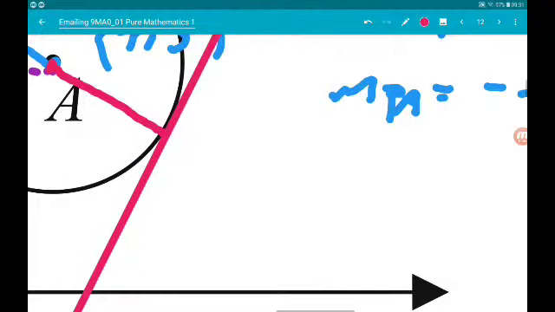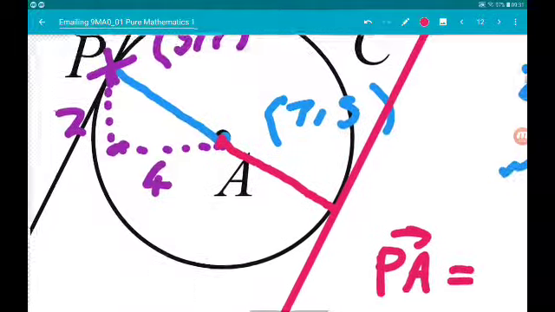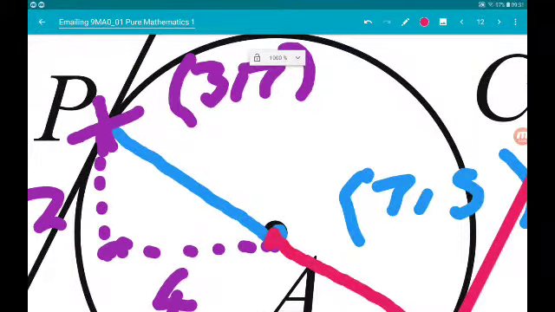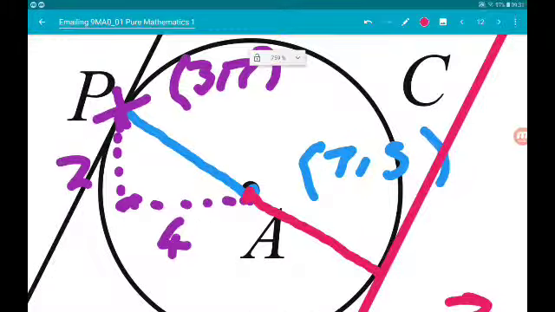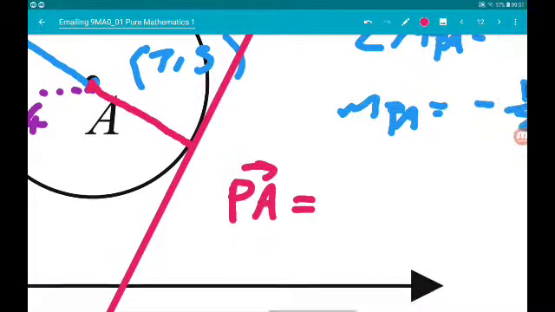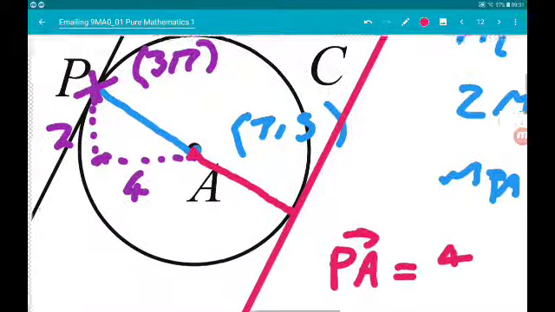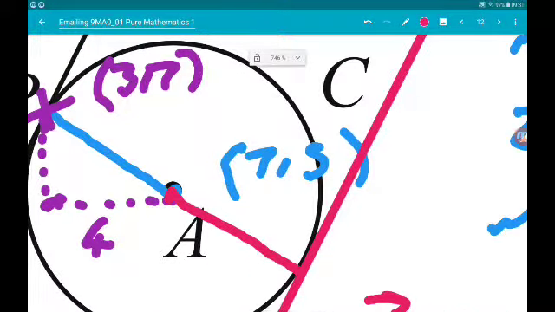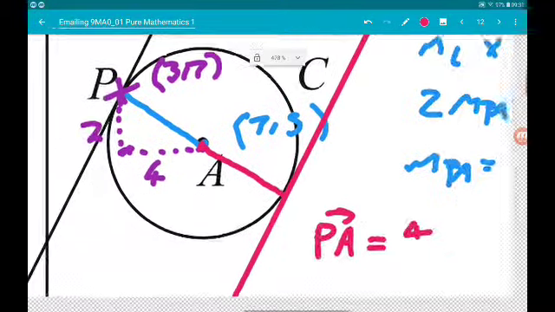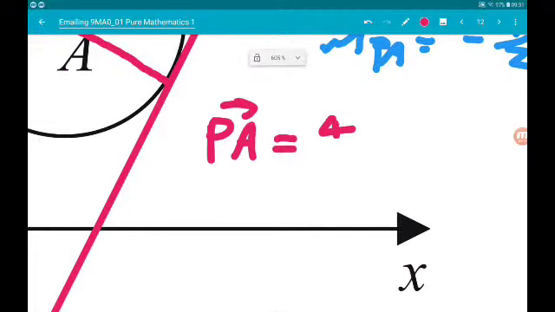Well, P to A, we're going from 3 to 7, so we're going 4 across, and then we're going from 7 down to 5, so it's 4, minus 2.